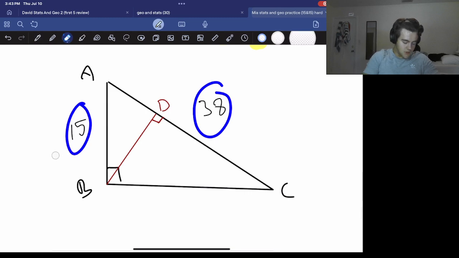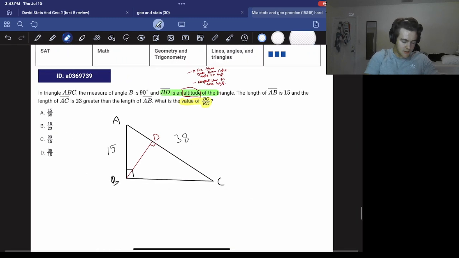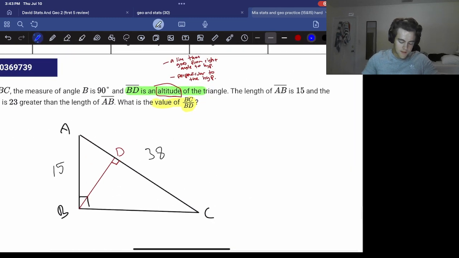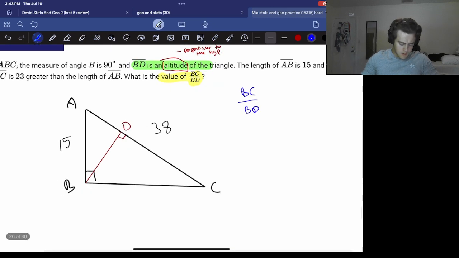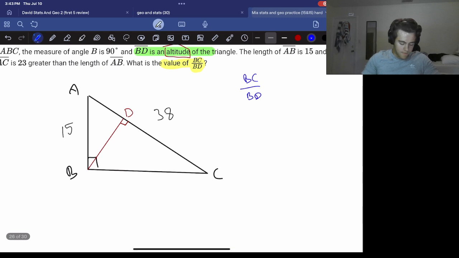Okay, and the main question they're asking us is, what is the value of BC over BD? We don't know BC or BD. We could find BC using the Pythagorean theorem, but we still wouldn't know BD, so that wouldn't help us much. The way to do this one is to recognize that we have two triangles here: a larger triangle and a smaller triangle inside of it.